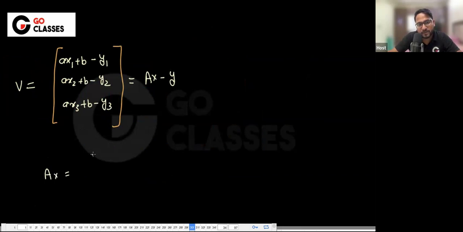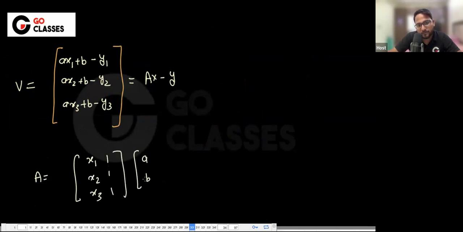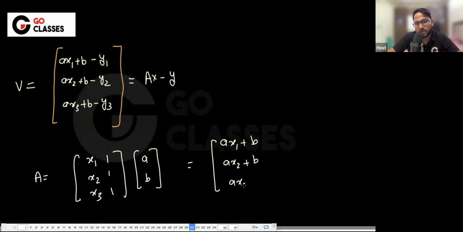So basically ax must be this, ax1 plus b or like that, right? So a is something like, the coefficients are x1, x2, x3. This is 1, 1, 1, right? And then this is a, b. Is this fine to everyone? Then this will be a vector of a into x1 plus b, a into x2 plus b, a into x3 plus b.